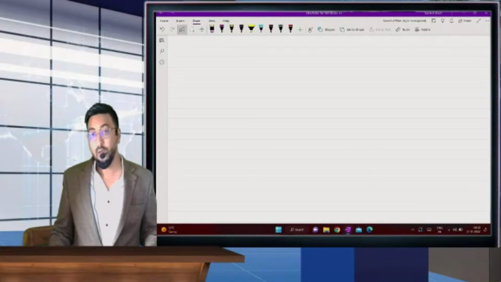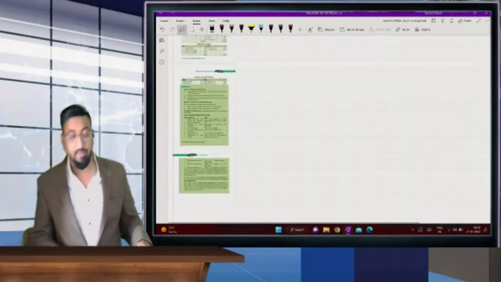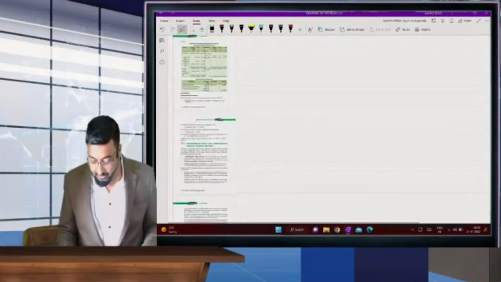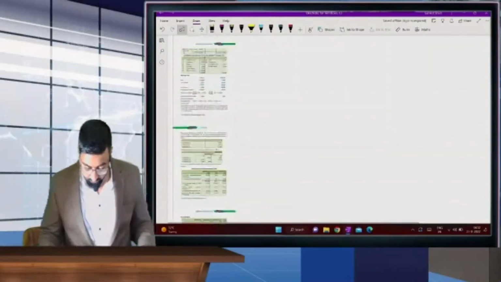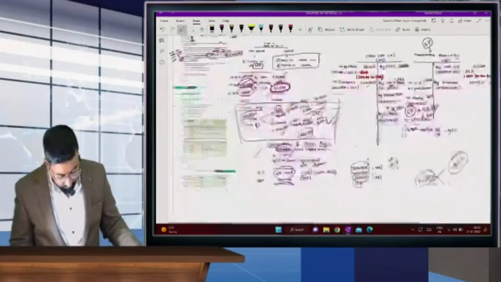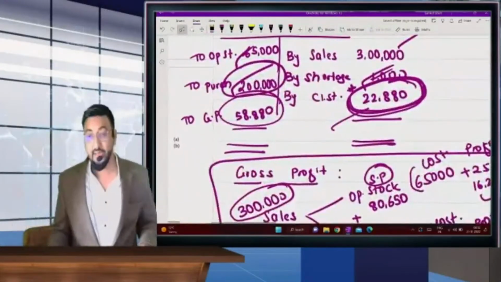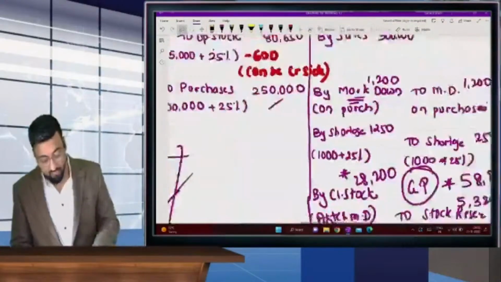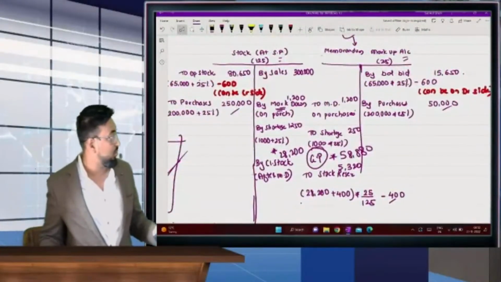So I hope now you are clear with this concept. So balancing figure, do one thing, take a balancing figure 58,880, and this is the balancing figure in stock account also.